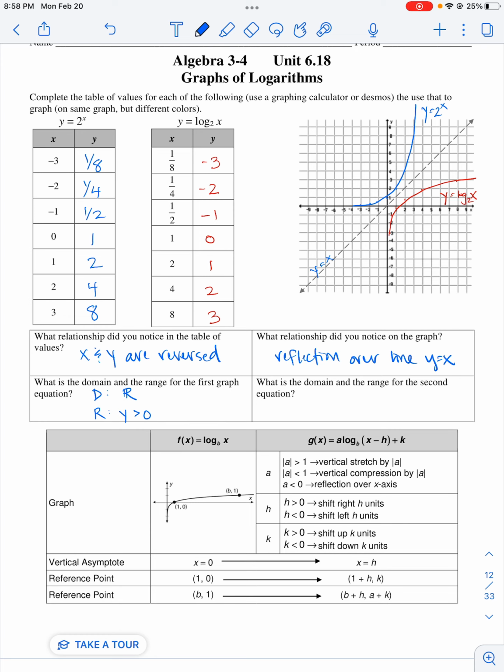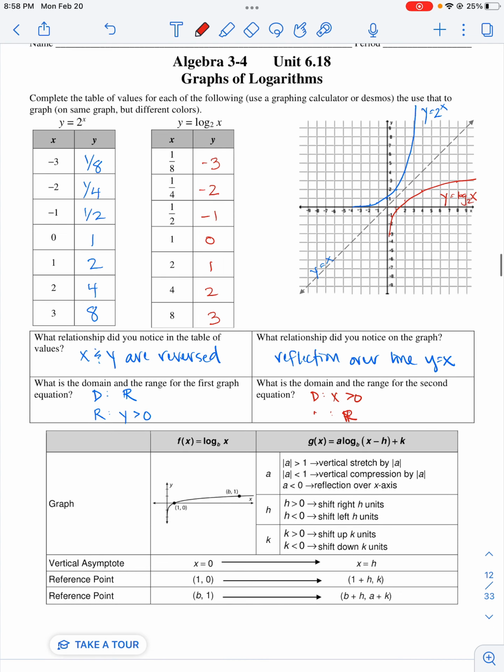The domain for the logarithmic function in red is all x's greater than 0, and the range for this function is all y values, so our answer is all real numbers. I just changed this. That should just say the range. All right, so if all the x and y values are reversed, that means that the domain of the original function and the range of its inverse are going to be the same. So all the x and y values switch, and domain and range switch accordingly.